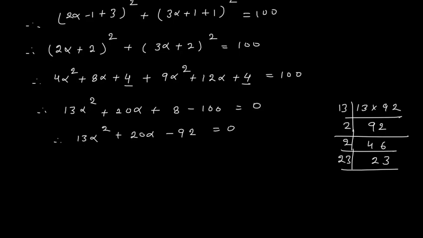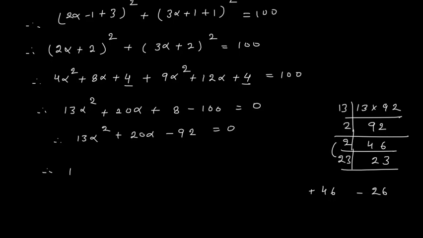So I have to divide this negative 92 into parts. One part will be positive and the other part will be negative. The positive part will be more. So if I take 13 into 46 and this 13 into 26, their difference is going to be 20.